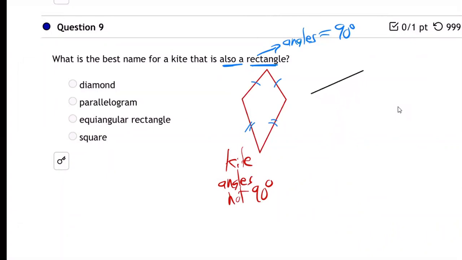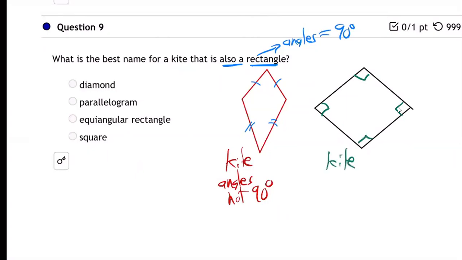No. I'm not doing so well. 90 degrees. So I make the angles all 90 degrees like that. 90, 90, 90, 90.